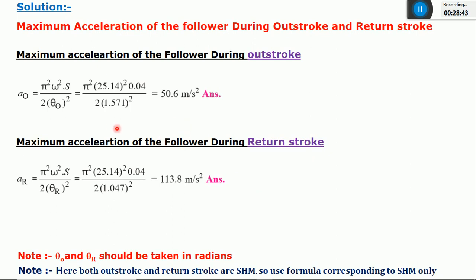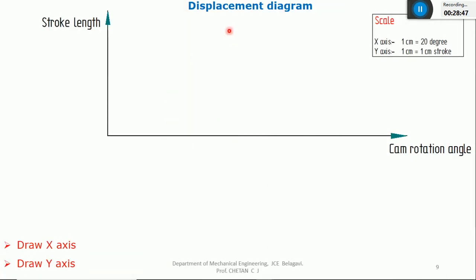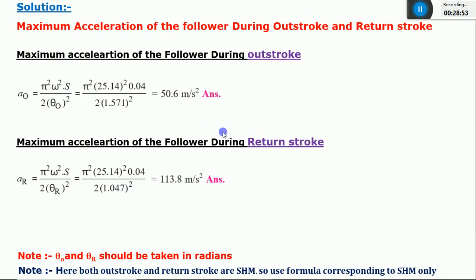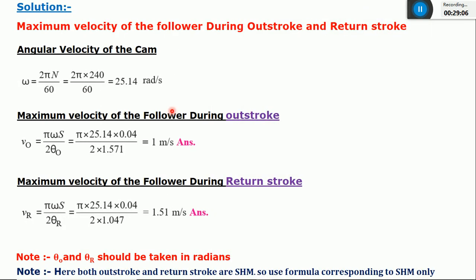If it is clear, I'll go with the first one, that is the displacement diagram. Any doubts? Calculating, sir. Okay. So I'll give another 30 seconds. Please make it fast.